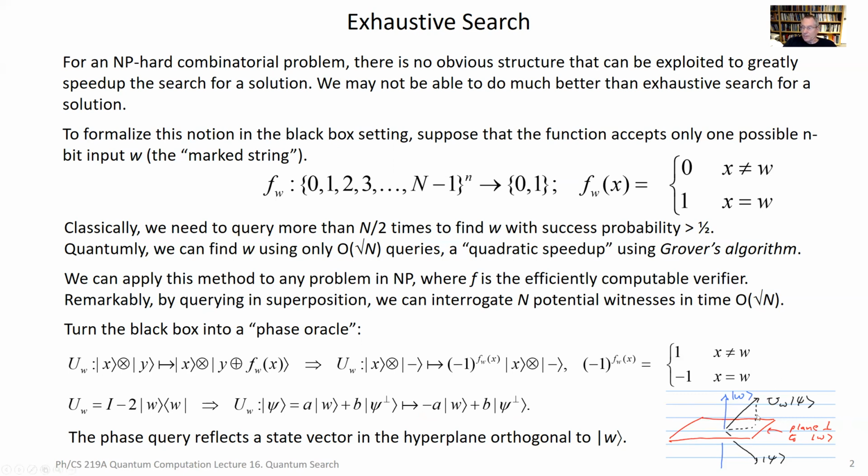The component along w changes sign. So it's like a reflection of a vector. I tried to draw it here in that hyperplane. That's what a query does. So it takes this state. When we apply the query unitary U_w, it takes it to the other side of the hyperplane, reflects it by changing the sign of the coefficient of basis state w.